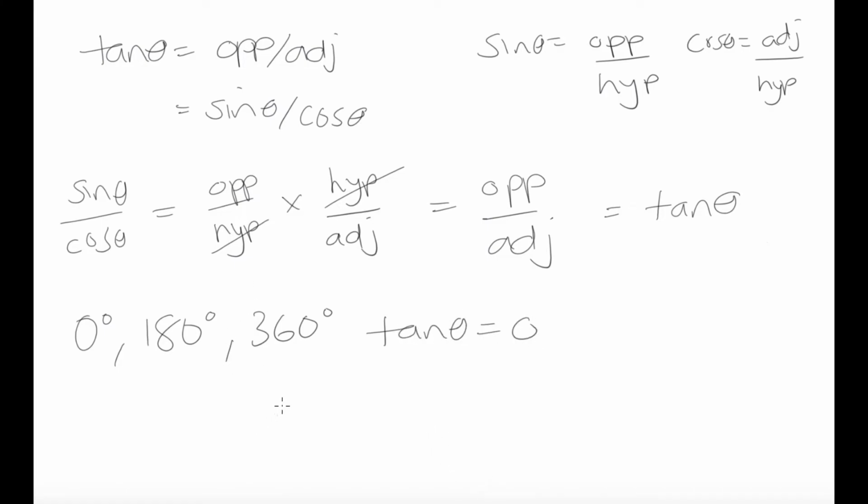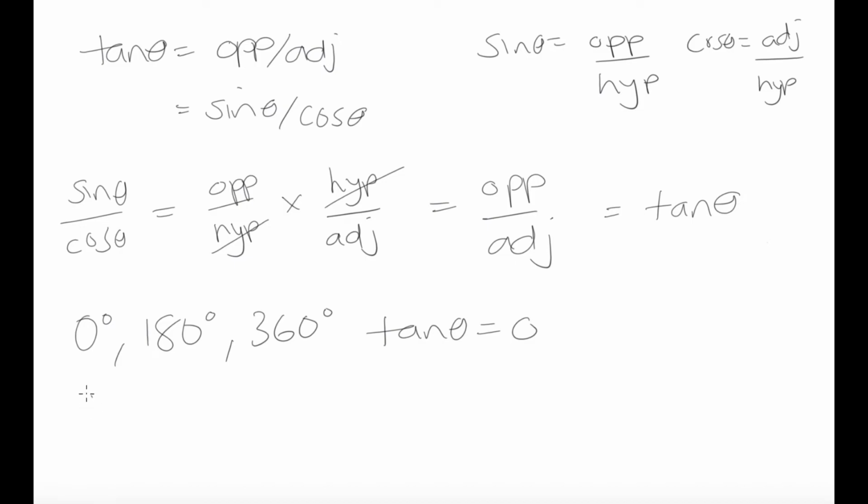Another important thing for us to note is that when cosine theta is equal to 0, and we saw that that was at 270 degrees and at 90 degrees, we're going to have an issue with tan theta there because we know that dividing by 0 is illegal in mathematics. We're going to get a math error. It is undefined.